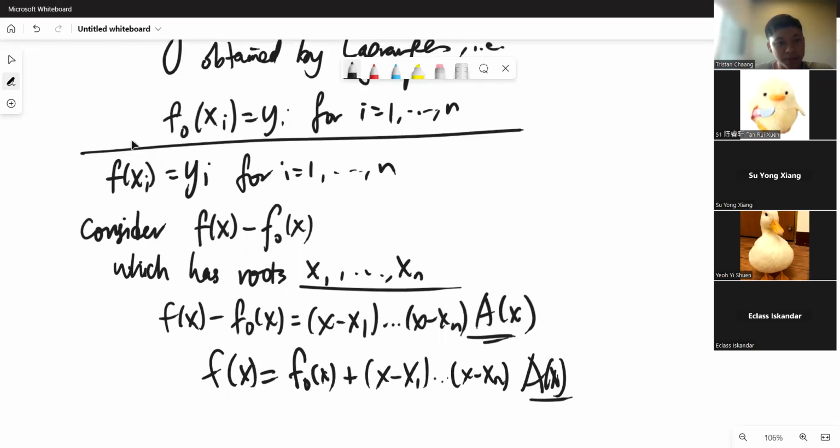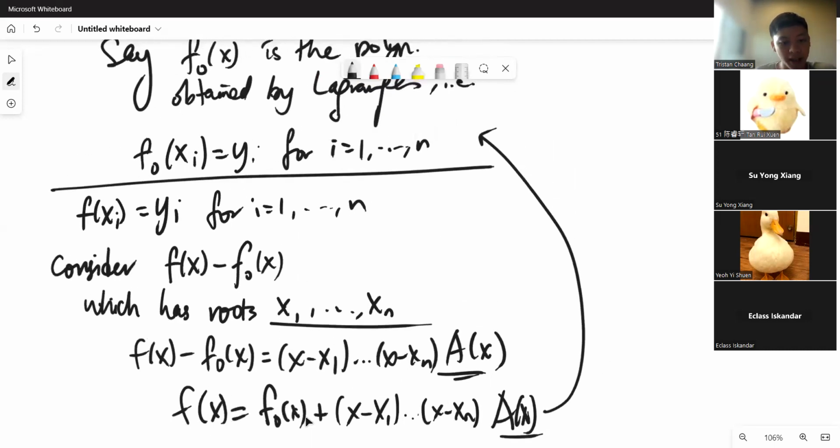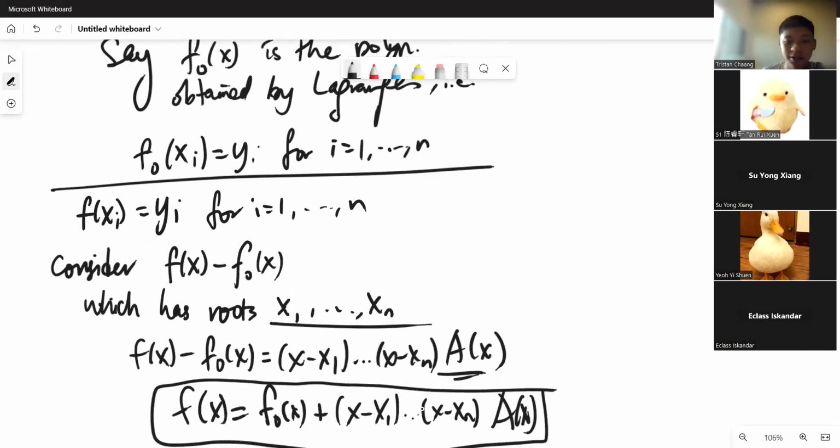This is what we get from the forward direction. Let's plug it back in. Do all polynomials of this form work? So f(x_i) becomes f naught(x_i) plus this thing, which goes away when you put x equals x_i. So yes, this is the most general solution that you can have. Once you get f naught(x), you get all of them via this trick. We just add some multiple of the product of all of the x minus roots.